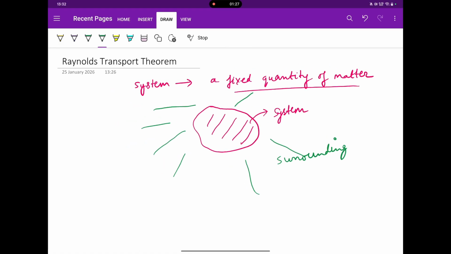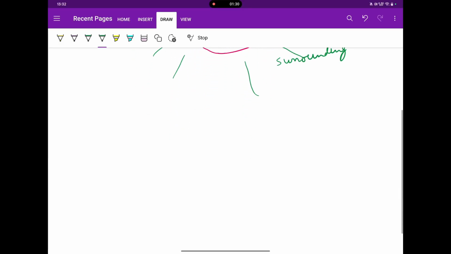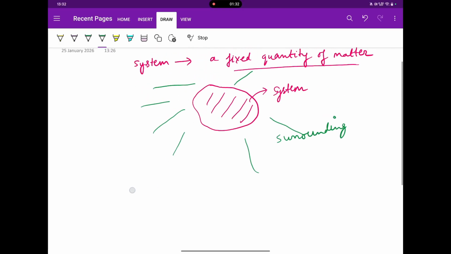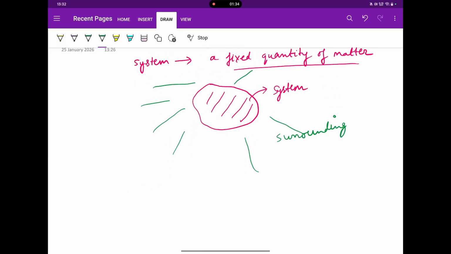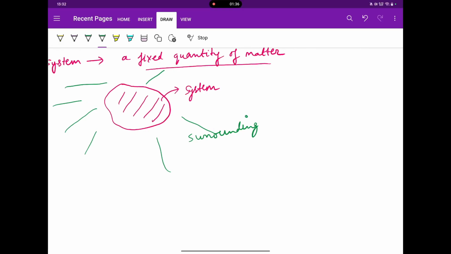Okay, now let's come to the control volume. So tell me one thing, when I consider a system, two things you must understand here. One is any change that is going to happen inside the system that I have considered, maybe flux change, energy change.